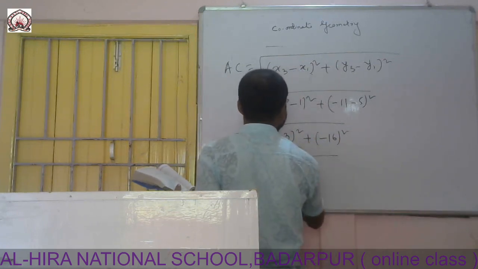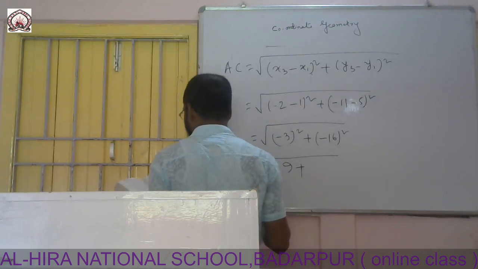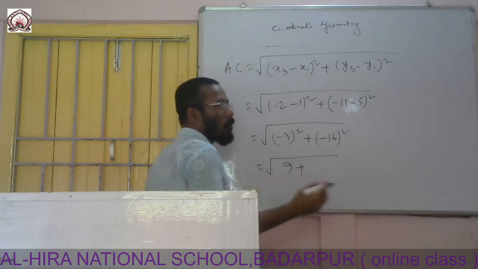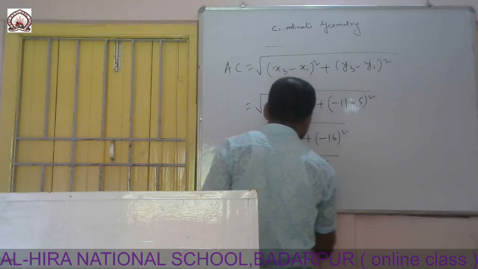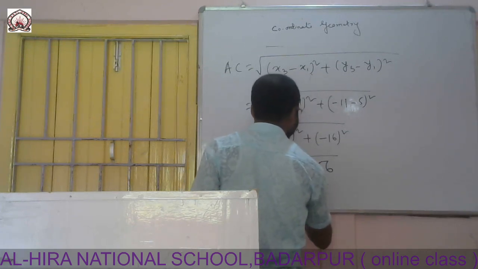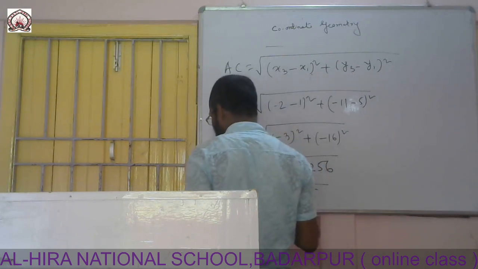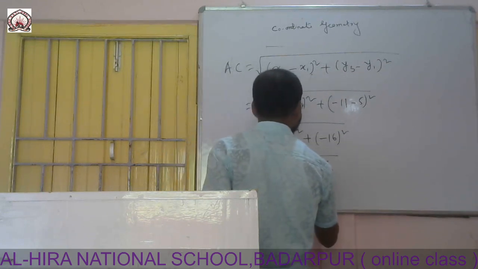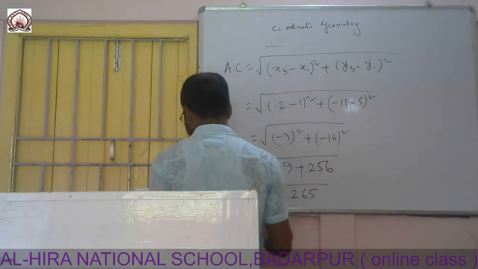So -3 whole square is 9 and 16 whole square is 256. Adding 9 and 256 gives 265, so root over 265.